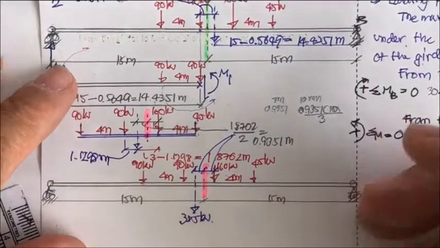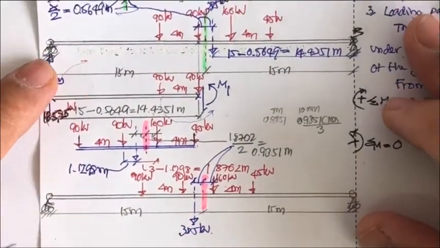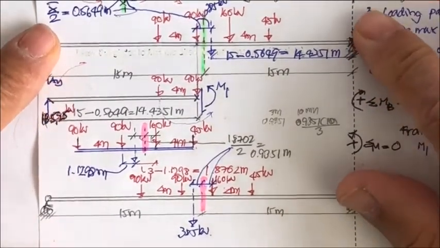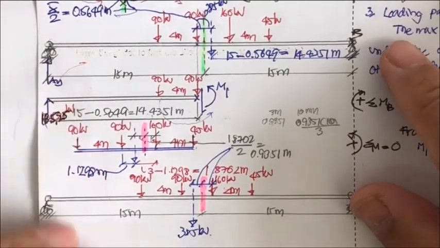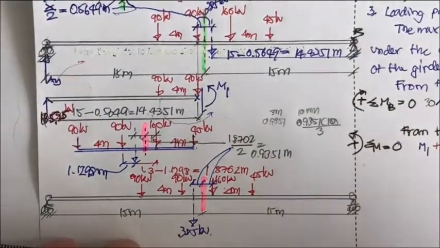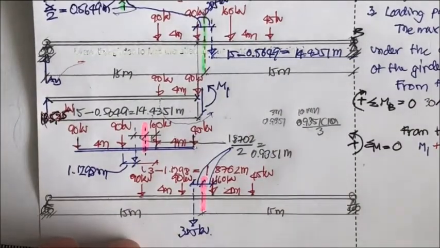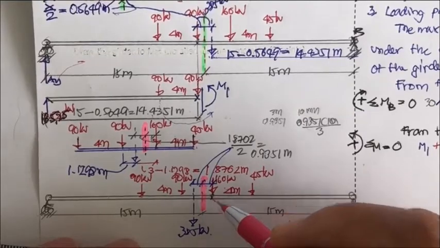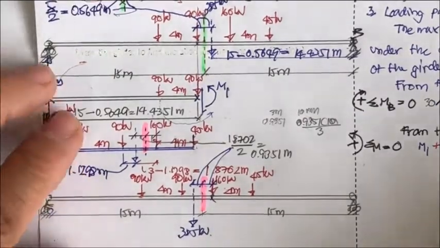And if you observe this one with the previous one, they are not the same, but they are similar. Okay. And this time, by using the same concept as before, the maximum moment will occur under the load that's close to the midspan. So in this case, the maximum will occur about here.